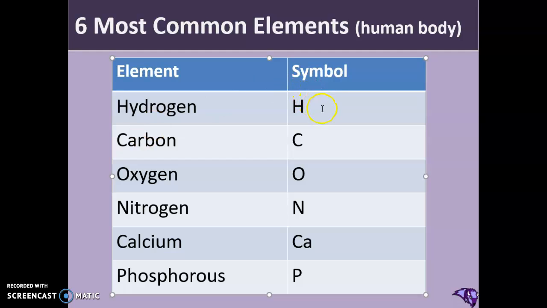Note their symbols are very simple. These are the ones you'd see on a periodic table. Most of them are just the first letter of the element name. So hydrogen is simply an H, carbon is C, oxygen O, nitrogen N. Calcium is actually Ca, because carbon is just C, calcium is Ca, phosphorus just P. So note the most common elements that make up human bodies, and note that carbon is the element present in organic material.